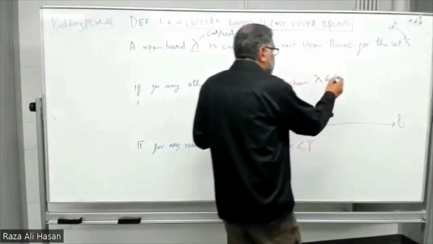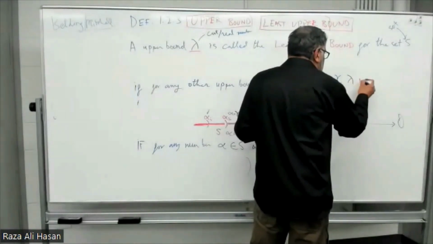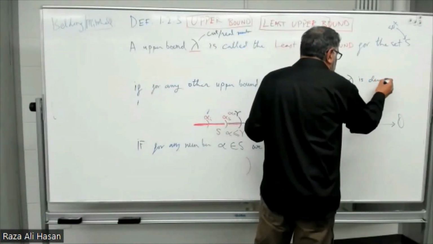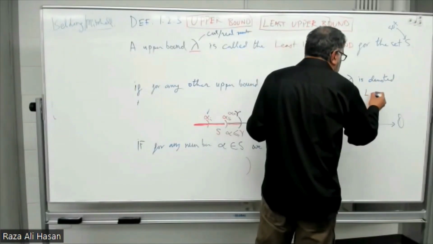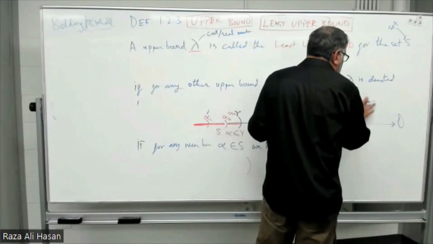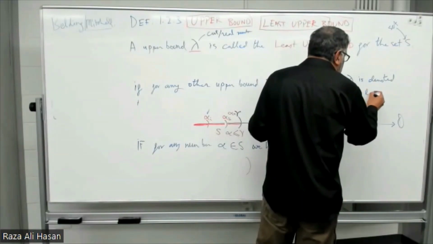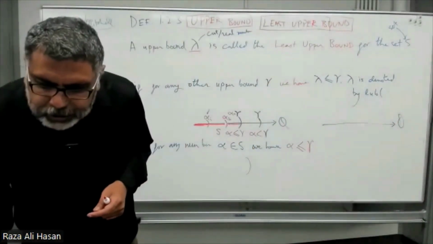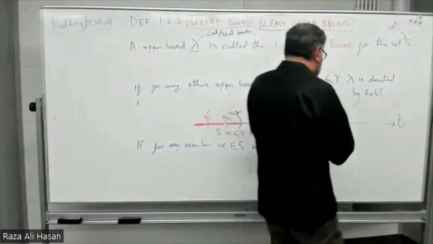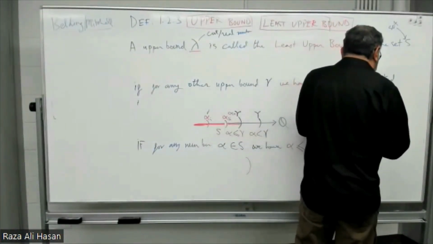And if this is the case, then lambda is denoted by LUB, small letter, S.